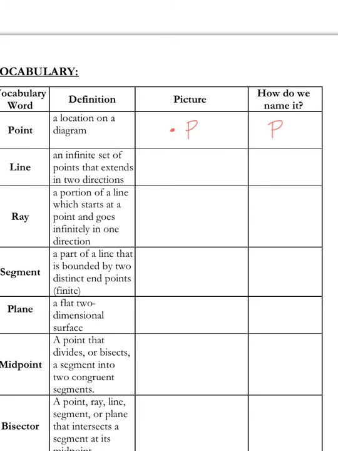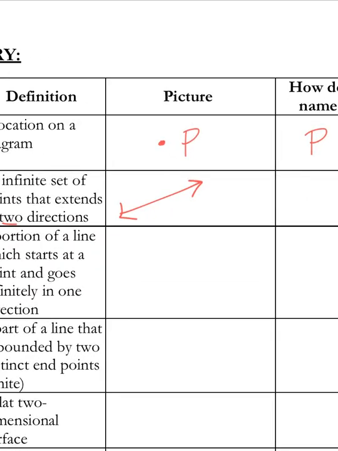A line is an infinite set of points that extends in two directions. So I have a line with an arrow on either side because it extends in two directions. You can name it a couple different ways. I have a lowercase cursive letter, or I have 2 points on the line.